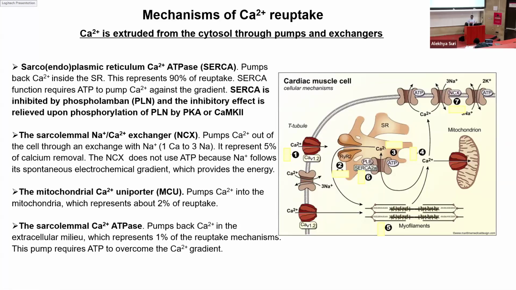So this is one of the major mechanisms by which the contraction is increased during catecholamine stimulation, particularly when you are doing exercise or during stress conditions. Even in heart failure, you will see increased levels of catecholamine, and the catecholamine will activate kinases, particularly PKA and CaM kinase, and this is one of the mechanisms by which it will speed up the muscle relaxation.